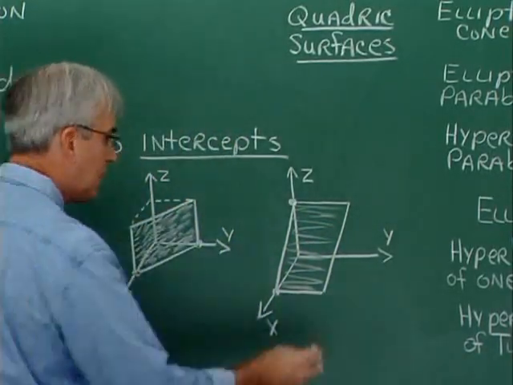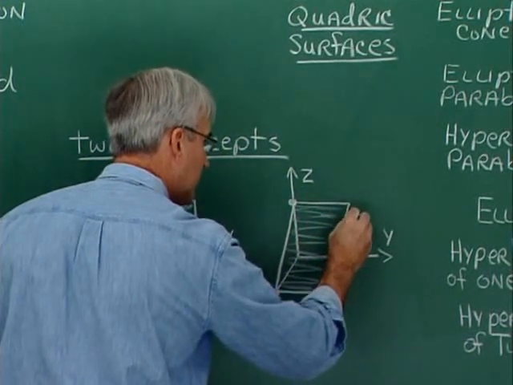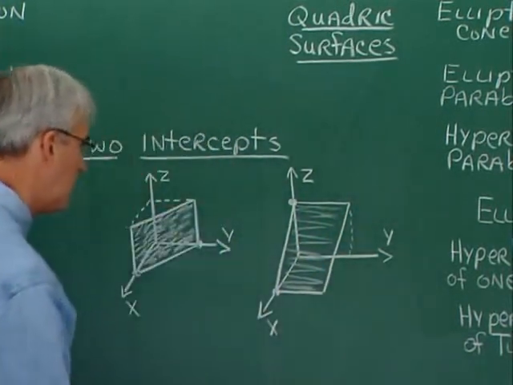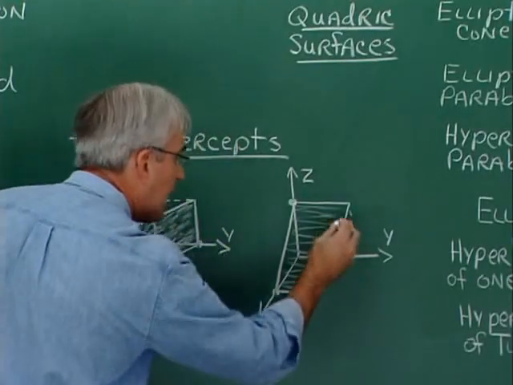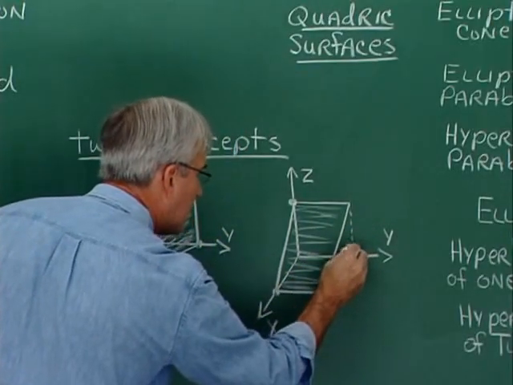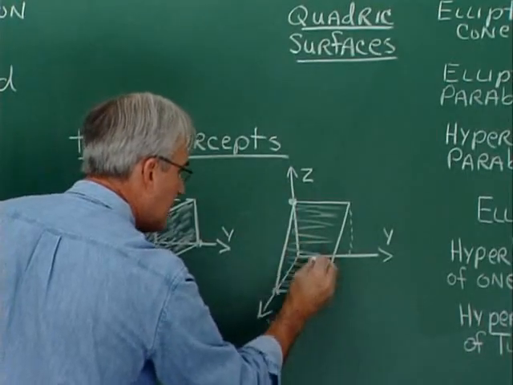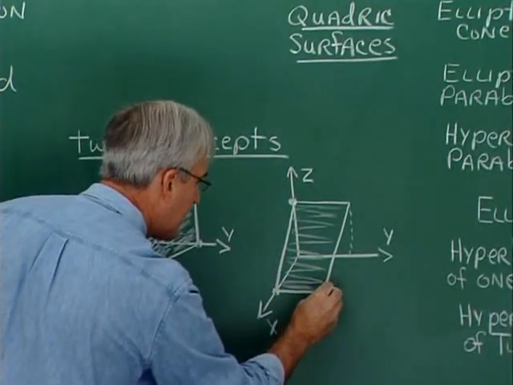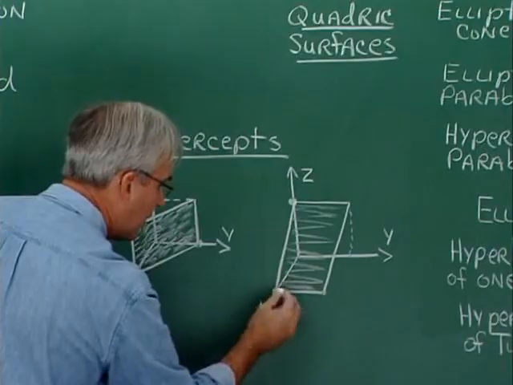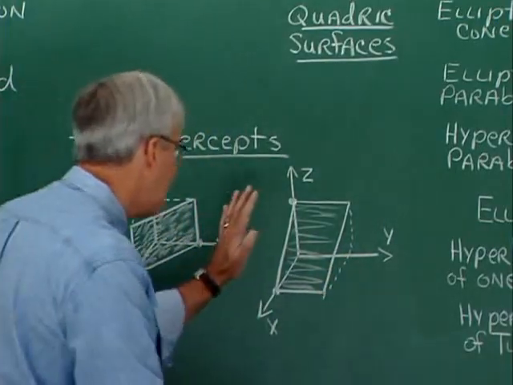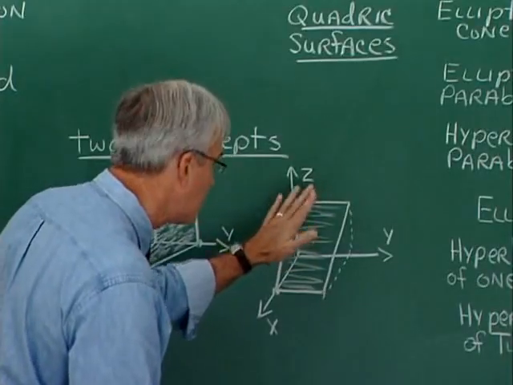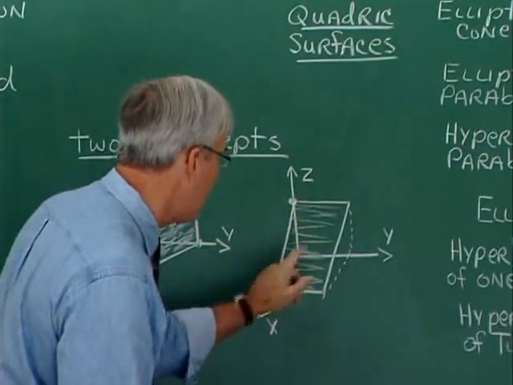Now to complete the diagram, you do something like that, and something like this. Now you're dropping this down back here to be parallel with the z-axis, and you do a similar thing from here that is parallel with the x-axis. So it looks like a slanted situation like this, but parallel to the y-axis.